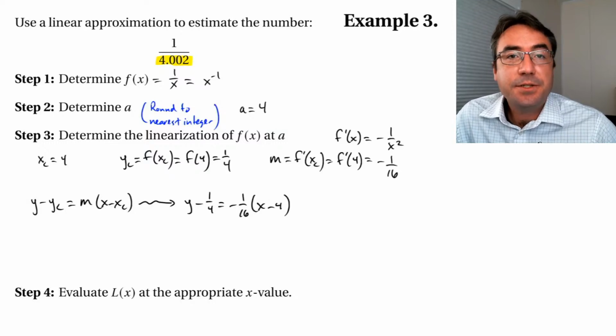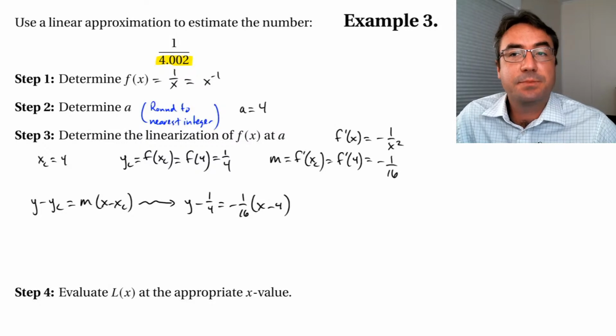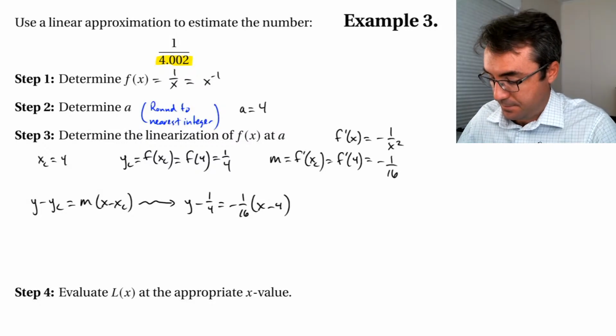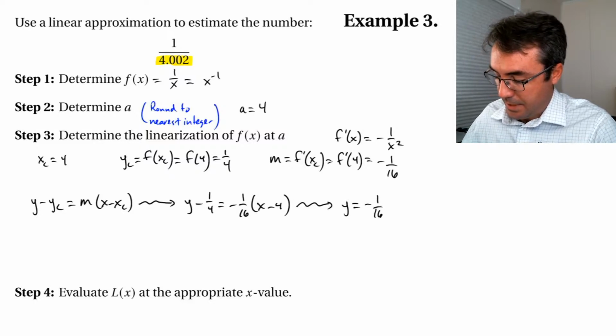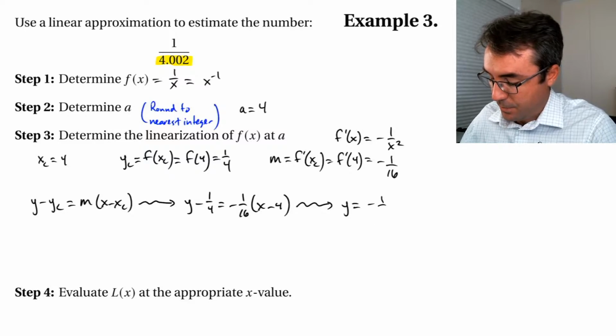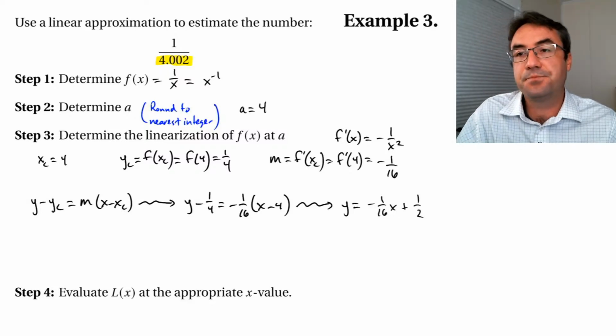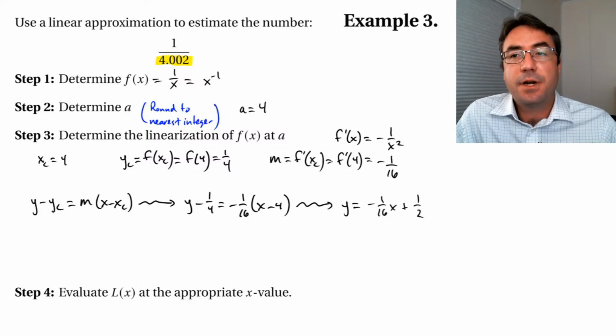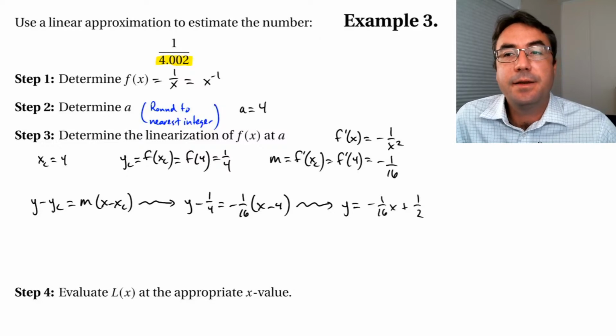And let's just get it into the format y equals mx plus b. And I'll write this as negative 1 over 16 times x plus 1/2. So there's our tangent line in form mx plus b.